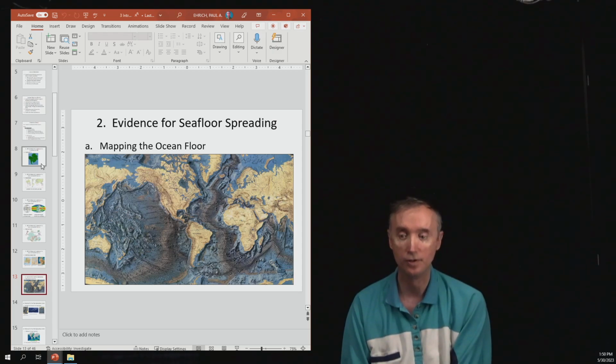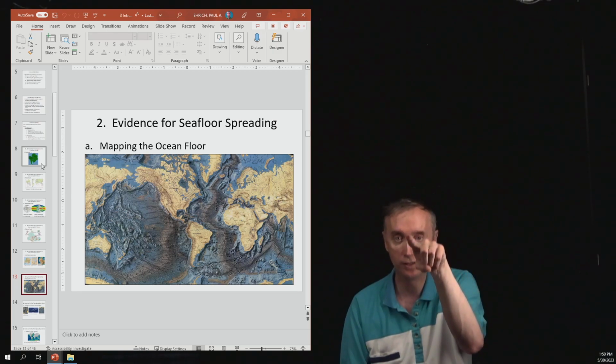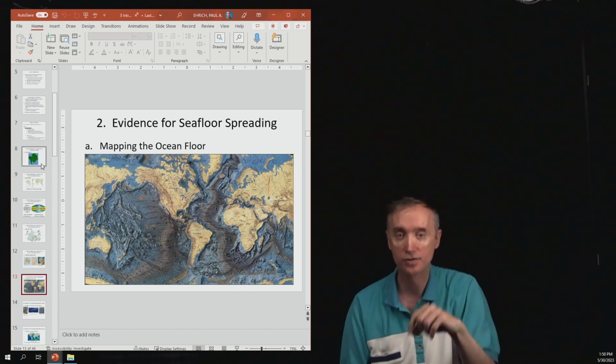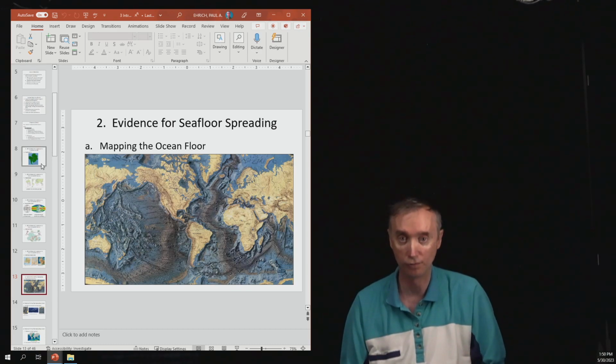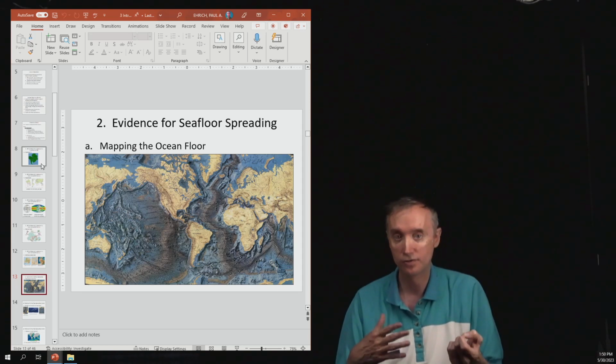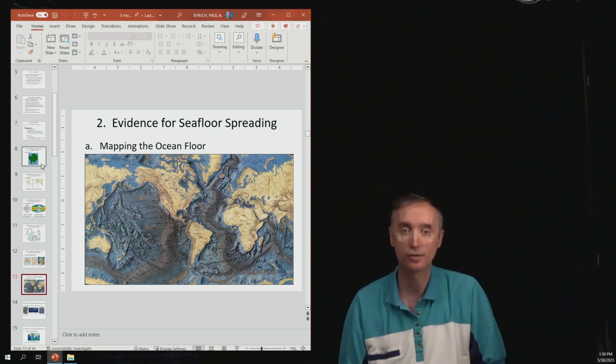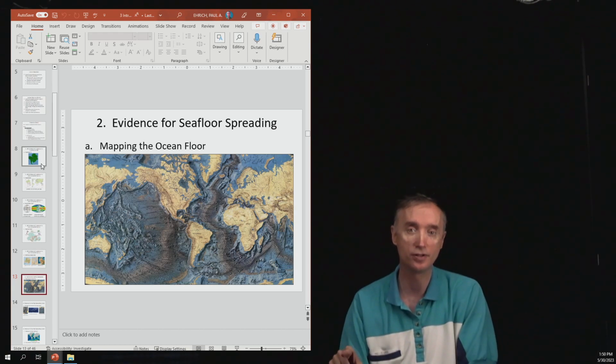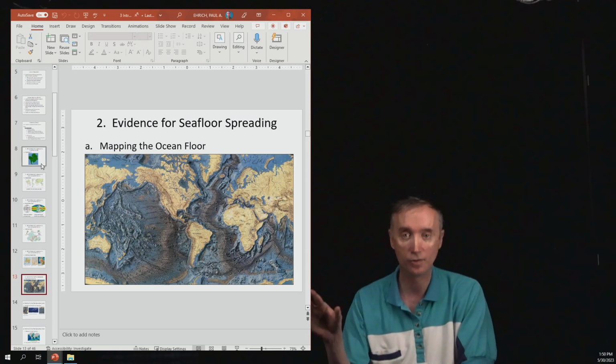So for example, the thing that is going down the middle of the Atlantic Ocean is going to be a mid-ocean ridge. But notice that there's another mid-ocean ridge to the west of South America, for example. You should also notice that there are trenches located in the western Pacific Ocean.